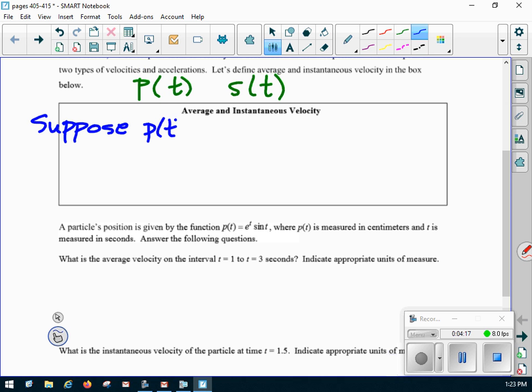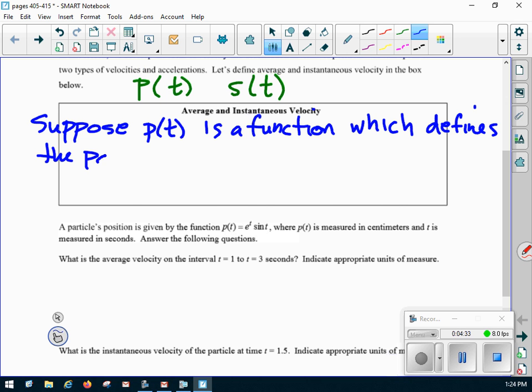Suppose P of t is a function which defines the position of a moving object at time t.